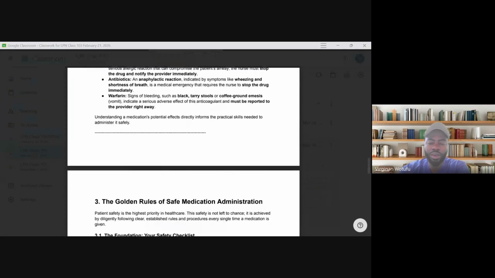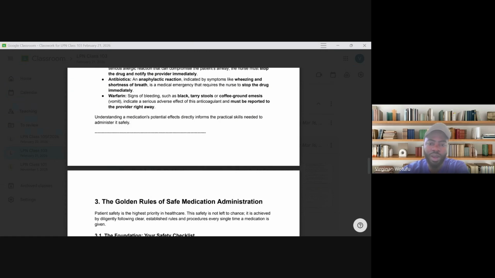So let's take a look at the golden rules for safe medication administration. I hope we can all recall our 5 rights of medication administration. Always check the right route, right?